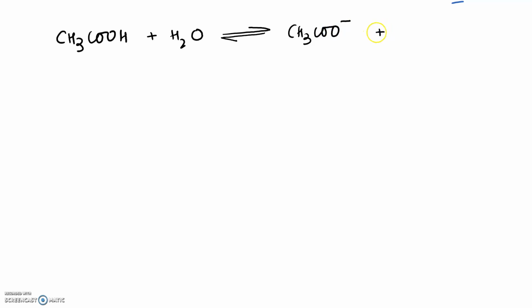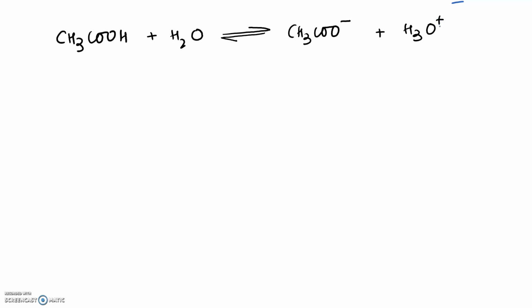So if you take a look at the same system out here, you have CH3COOH, that's the acid. You react that with water, so you're making that solution, and then there's an equilibrium that sets in. But on the other side you have the conjugate base, and then you have H3O plus, which is the conjugate acid.